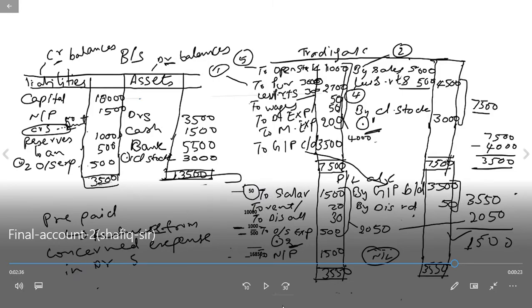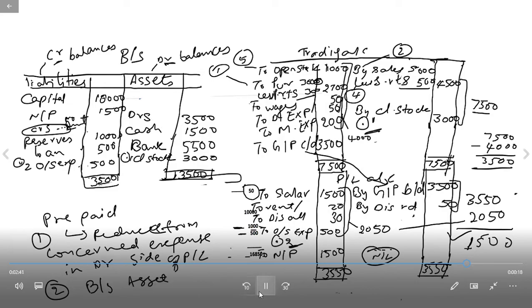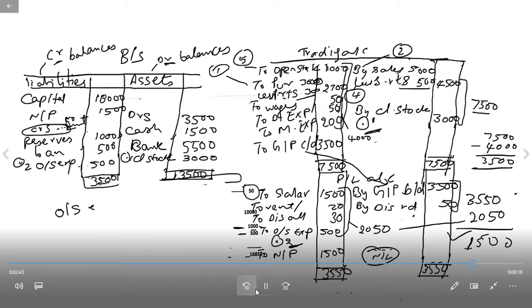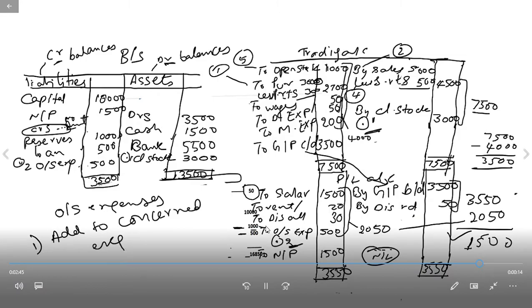Next, where is prepaid expense treated the second time? It will be treated the second time in the balance sheet, on the asset side. Okay, so that was prepaid expenses. Similarly, the outstanding expenses shortcut is: add outstanding expenses to the concerned expense in either the trading account or profit and loss account.